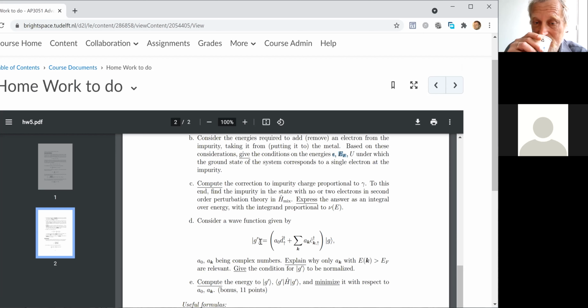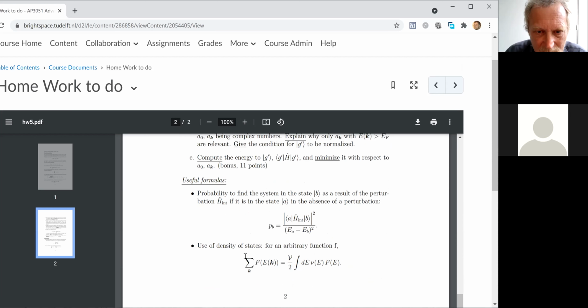The correction to the impurity charge is proportional to gamma. We need to find corrections to the probabilities to find the impurity in some other states.